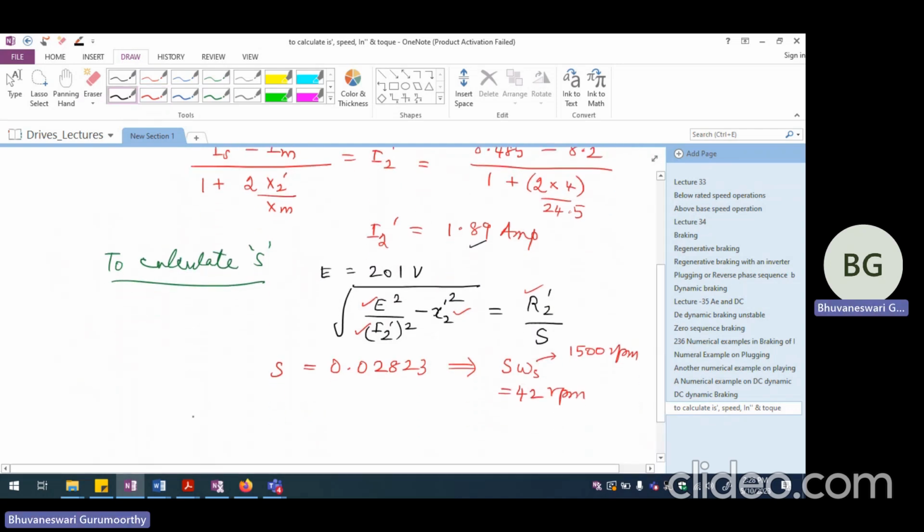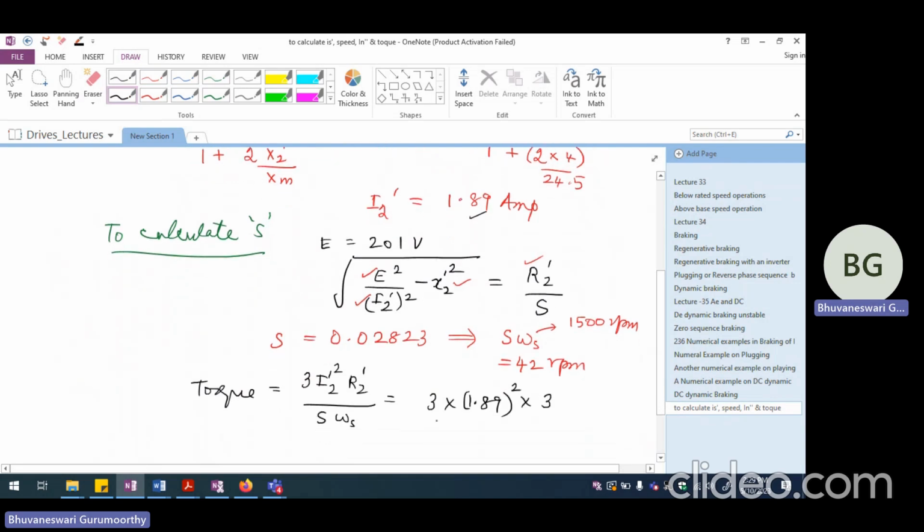And finally, if I want to look at what is the torque, it is 3 I2 dash square R2 dash divided by S omega S. So that is 3 multiplied by 1.89 whole square multiplied by R2 dash. R2 dash is 3 ohms and divided by S, which is 0.02823, and the synchronous speed is 157 radians per second.